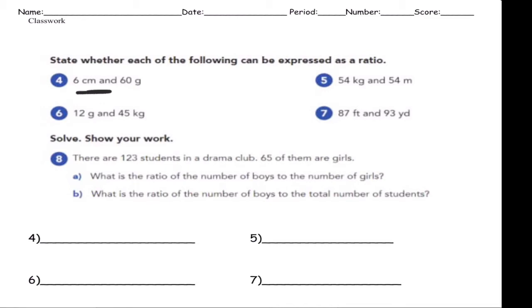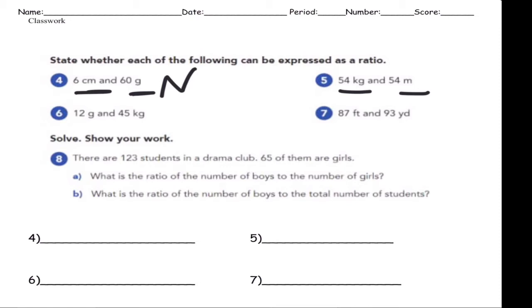So right here we have centimeters and grams, and they both need to measure the same thing, meaning either distance, length of something, weight, or liquid, how much liquid is contained. So centimeters and grams don't measure the same thing, so this would be a no. The second one, 12 kilograms and 54 meters, so you have kilograms and meters.